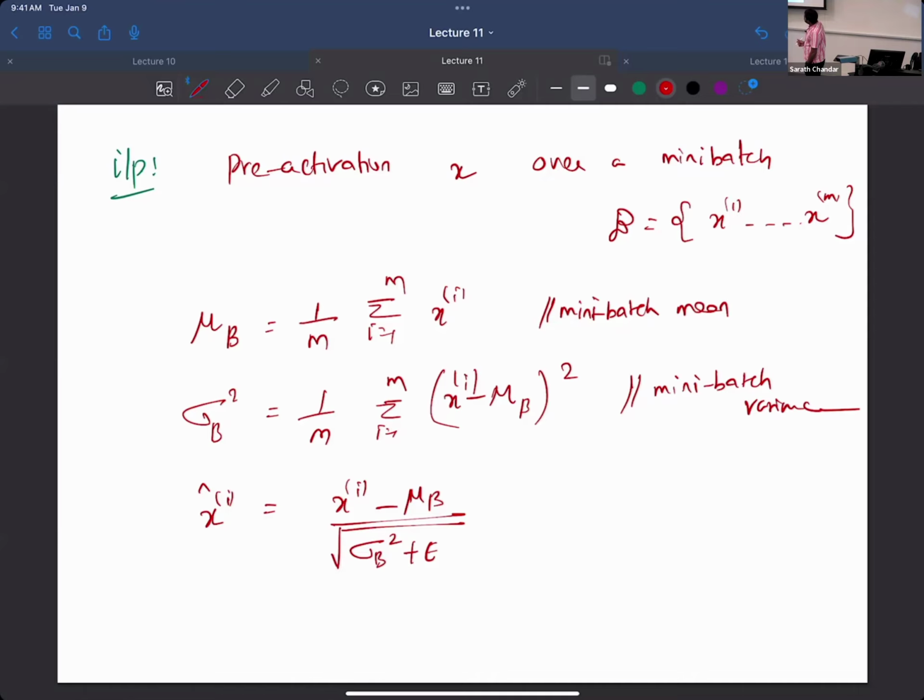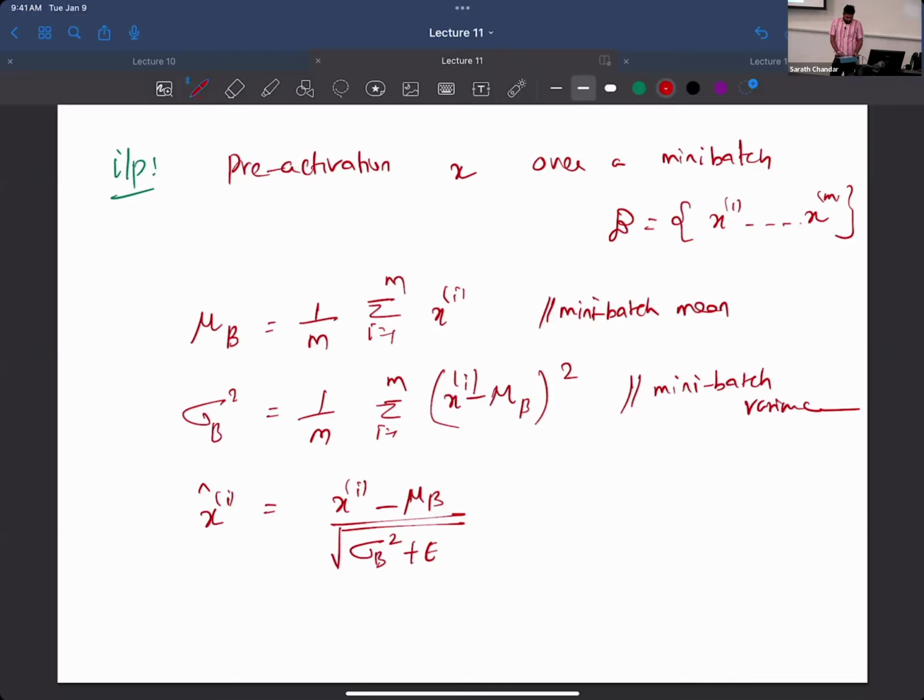Well, most probably not. This part is linear, and this is the only nonlinear part, so the gradients would still flow. It's not going to shrink the gradients.